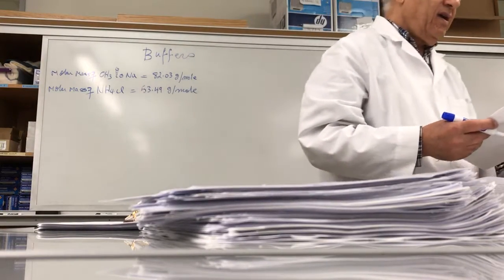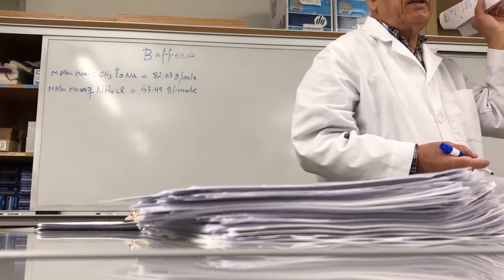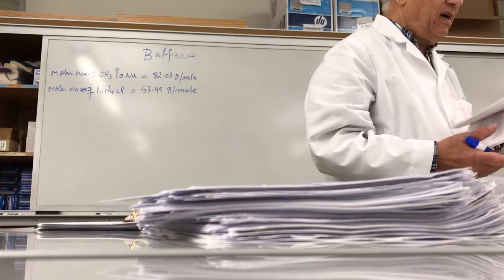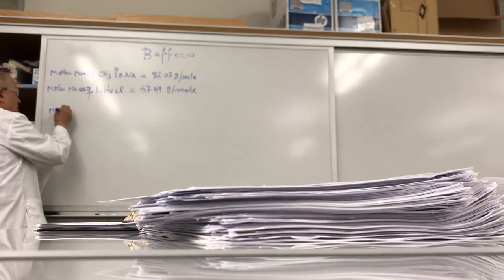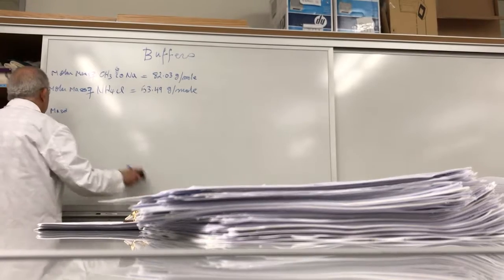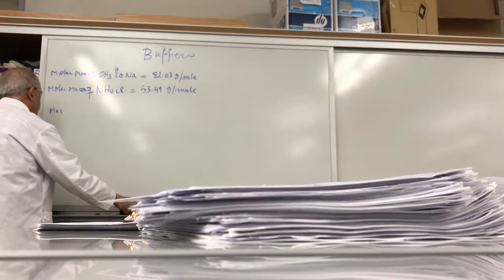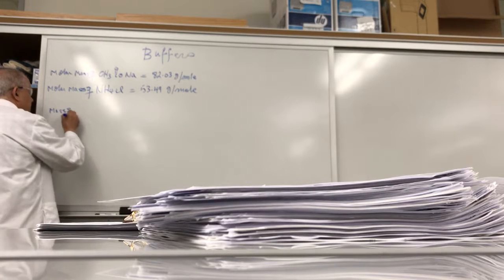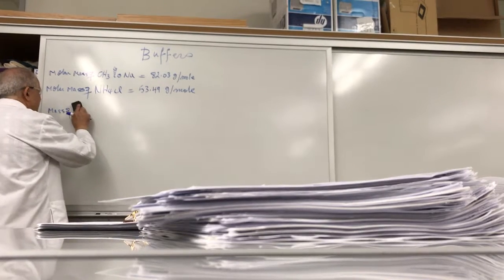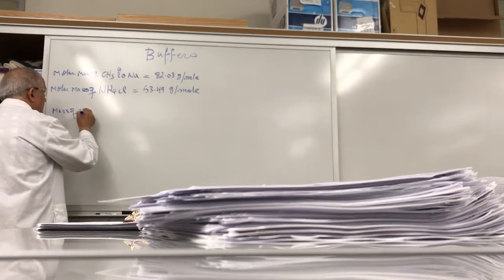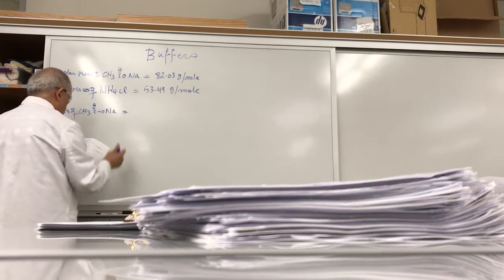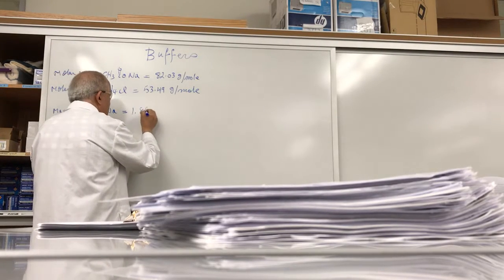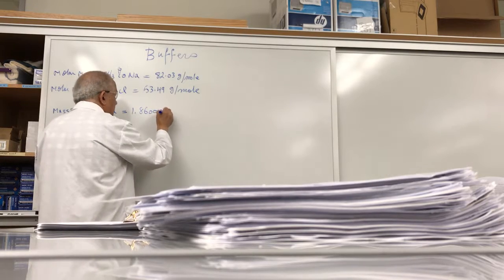In my lab work here, I have the mass of sodium acetate equal to 1.8600 grams.